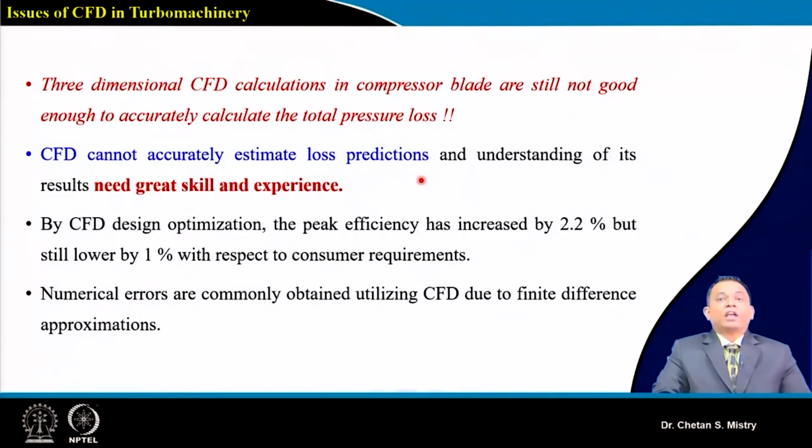Next, if we are simulating, say, our stage and we are claiming an improvement in efficiency of 2.2%, still the consumer expectation is on the higher side. Then the numerical errors we are finding are because of our finite difference approximation.